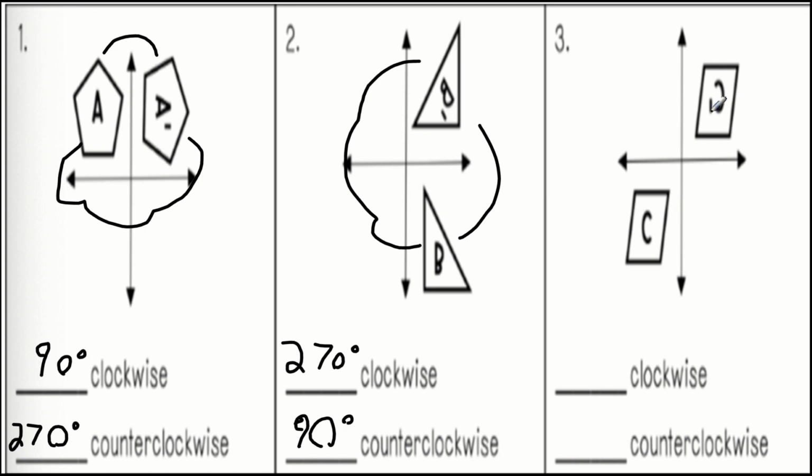Now with C and C prime here, if I go clockwise, that's 2 turns, so that is 180 degrees. If I go counterclockwise, that's 2 turns. That's 180 degrees still. 180 is usually the easy one. It doesn't matter which order, clockwise or counterclockwise, which is a big mistake eighth-graders make. When it's 180, it doesn't matter. You end up in the same spot either way. Okay? Everybody with me there?